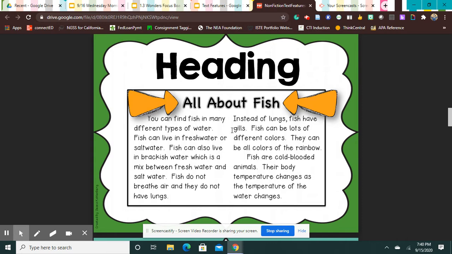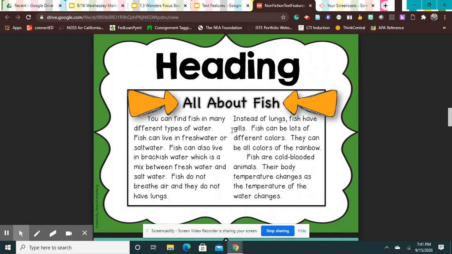Later, after you've finished the text and you're trying to answer some questions, you might think, I don't remember where I read that, and I want to use my reading strategy of go back and reread, but I don't remember where I saw that in the text. The headers section off the reading and show you the different chunks of information.